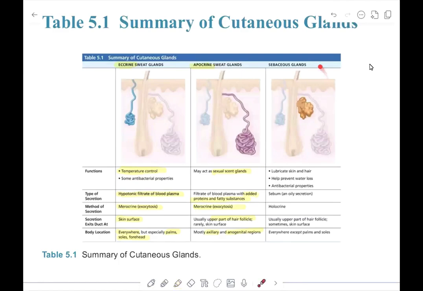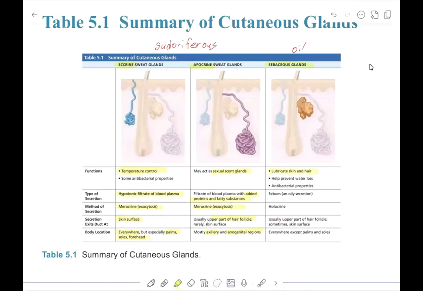The third type is the sebaceous glands. And the sebaceous glands, these are going to be the oil glands. So again, it's important for you to remember that the sudoriferous are going to be the traditional sweat glands, the eccrine and the apocrine, but the oil glands are going to secrete sebum, which is the oil, and they're associated with the hair follicle.